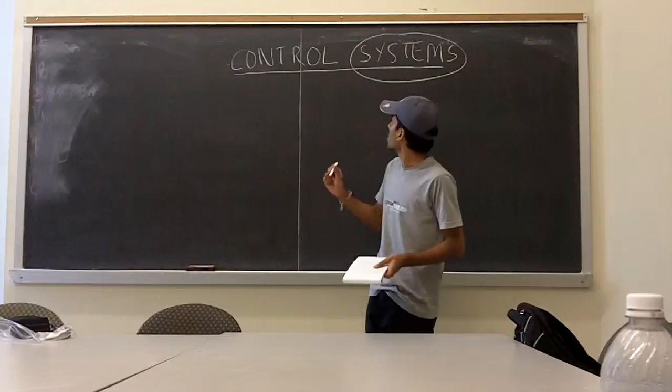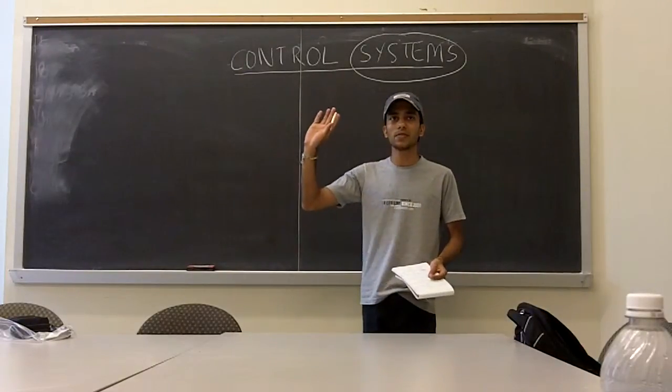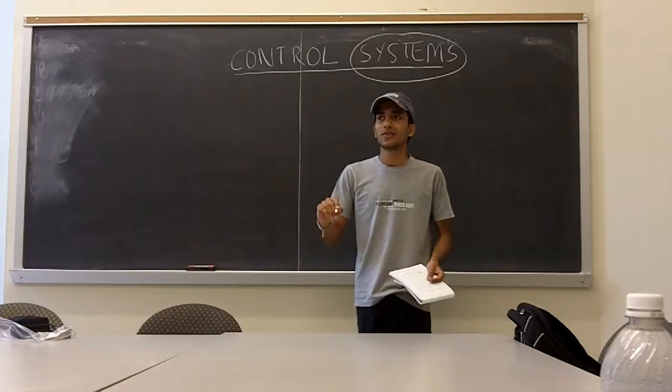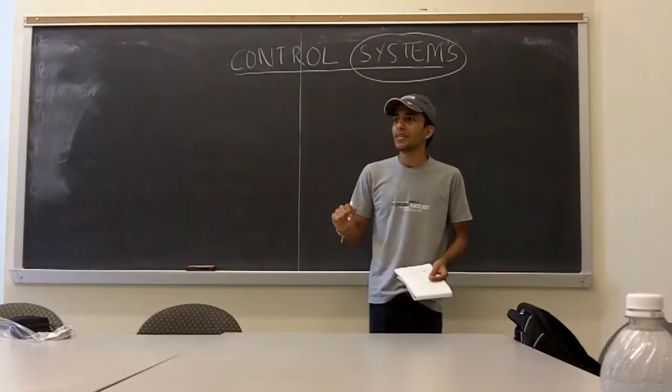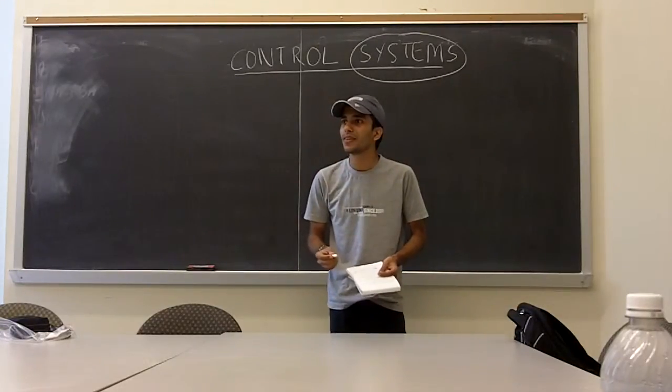Now, coming to the control system. Has anybody heard of this term before? Control system? Anyone? Okay, three of you. Simeon, what is a control system? Of course, it's a system which regulates a variable in specific.